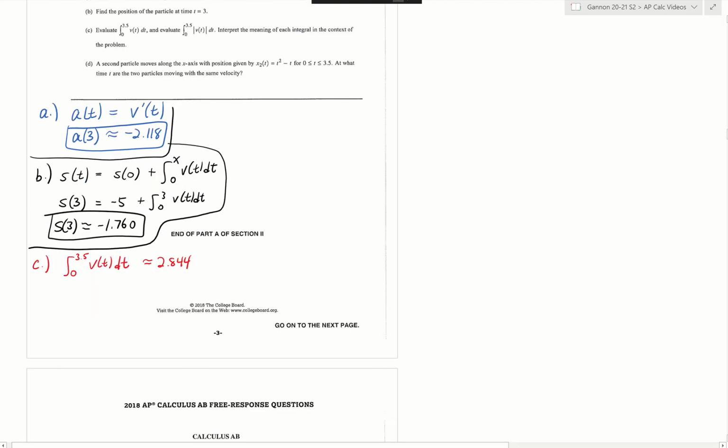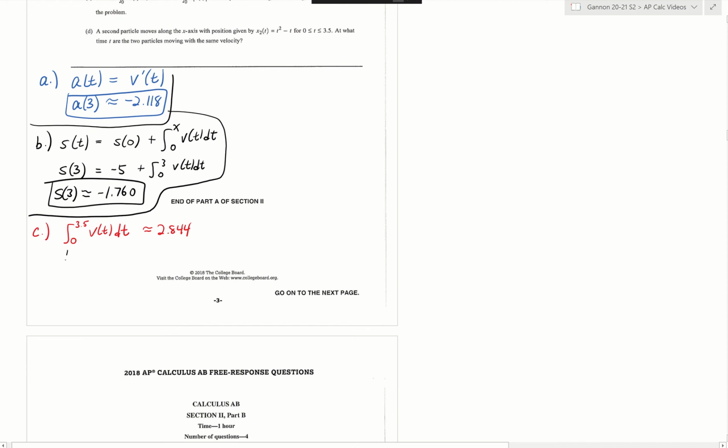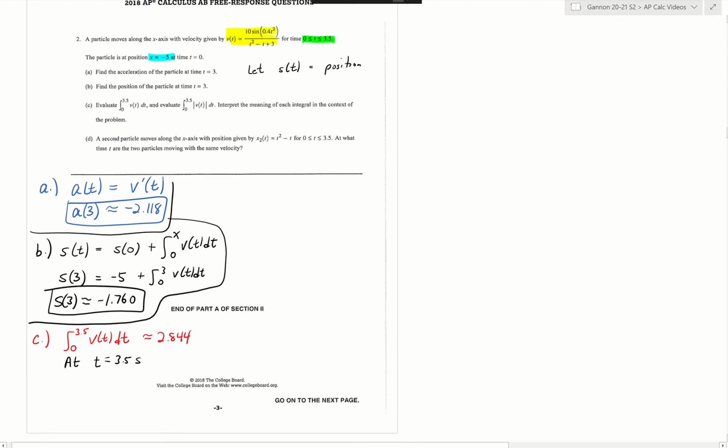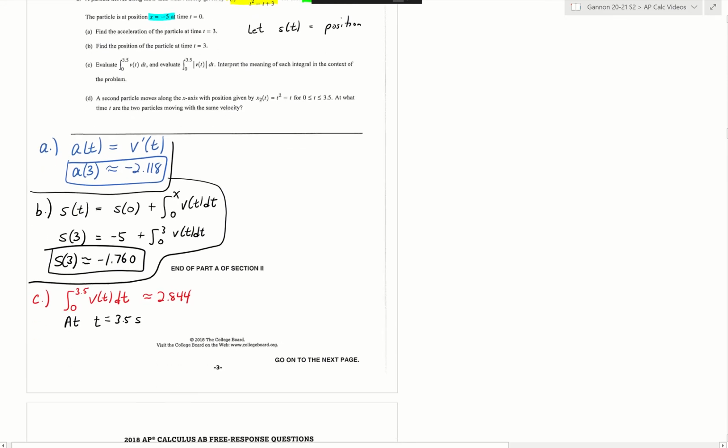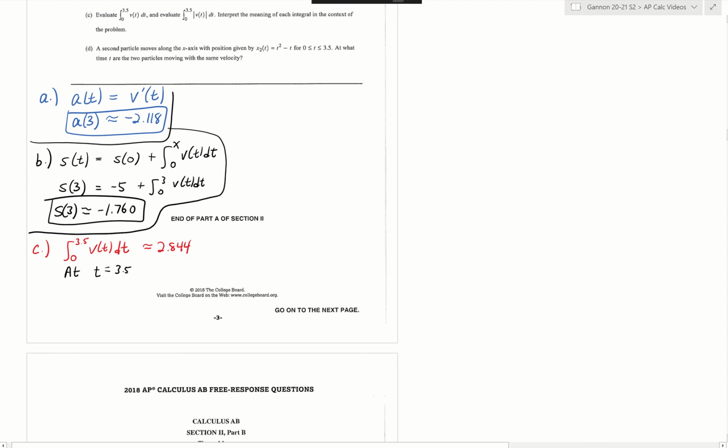So what this would mean is that at t equals 3.5 seconds, and just to go back and make sure, it actually didn't tell us time was in seconds, but at t equals 3.5, the particle is 2.844 units, because again it doesn't give us specific units, to the right of where the particle began at t equals 0.